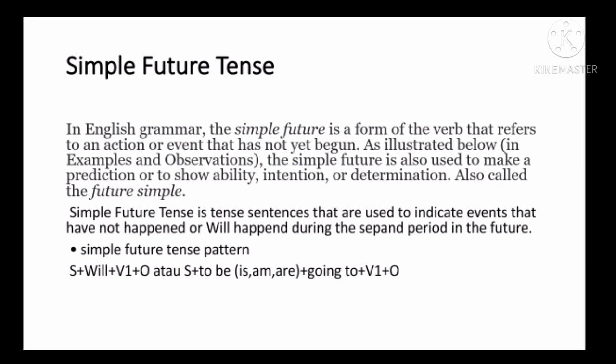Pattern of the simple future tense: subject plus will plus verb 1 plus object, or subject plus to be (is, am, are) plus going to plus verb 1 plus object.